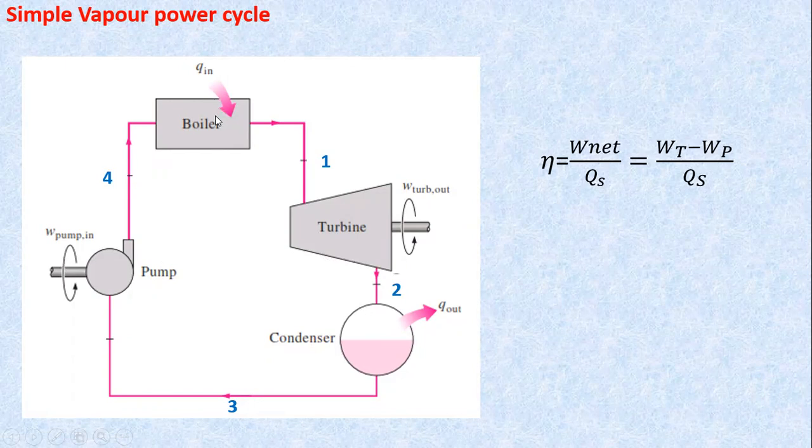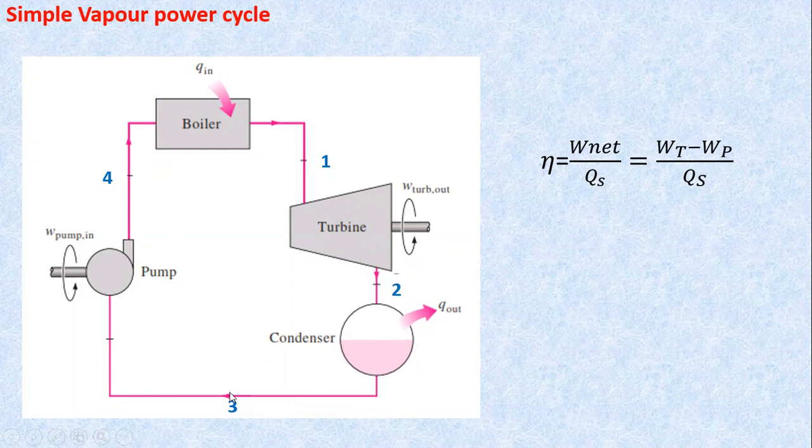Heat is transferred to the boiler in order to increase the pressure and temperature of the water. This gets converted into steam and gets expanded in the turbine, producing shaft work. The steam leaving the turbine condenses into water in the condenser, rejecting heat.